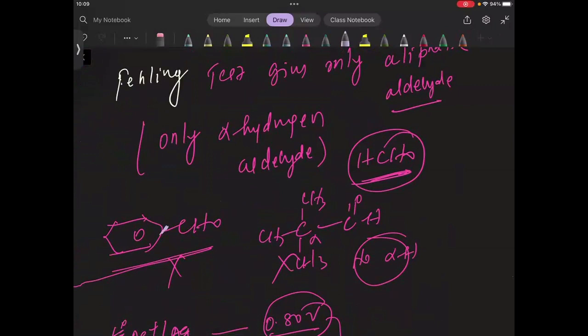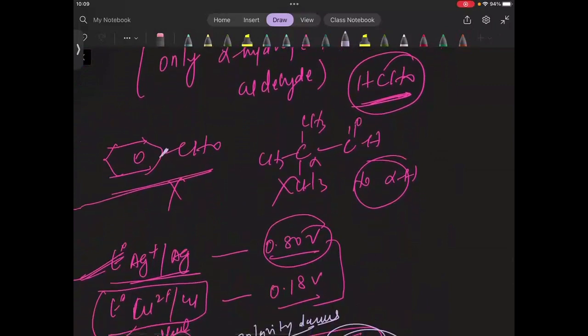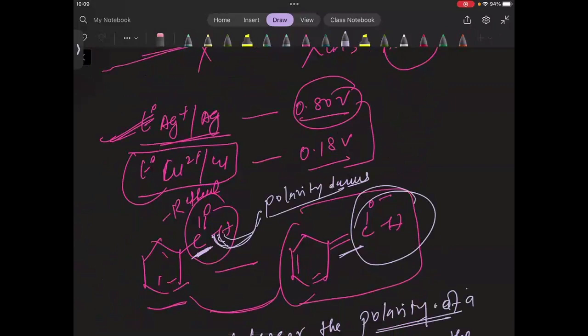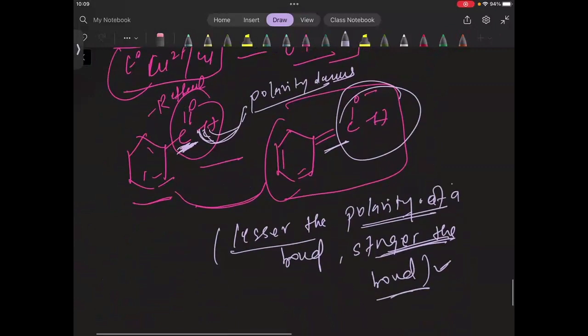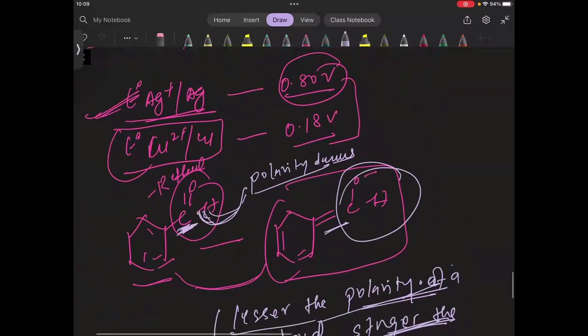Second, I just taught you that the Fehling solution is a weak oxidizing agent because the electrode potential is low. So you have three things. One, benzaldehyde will not be oxidized by Fehling solution because there is no alpha hydrogen. Or you can say that it is because the polarity decreases. Why? Because resonance happens. Due to resonance, the electron density increases, and according to chemical bonding, the lesser the polarity of a bond, the stronger the bond. Correct? So anyway, you can understand this whole concept.